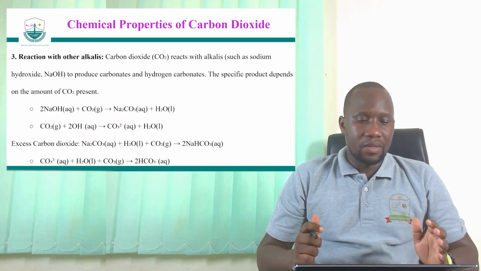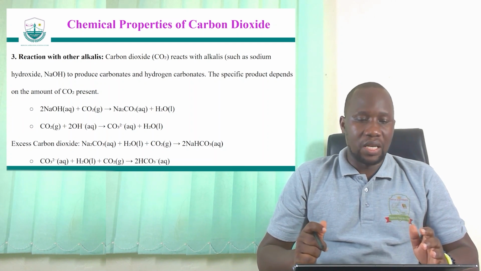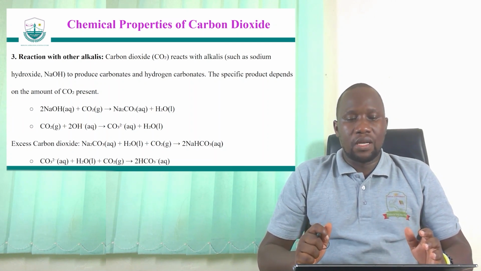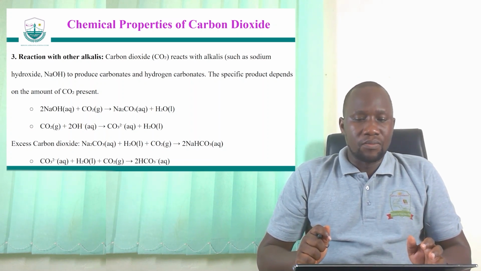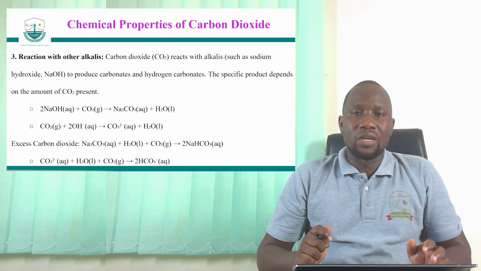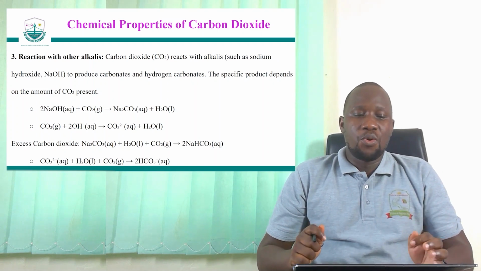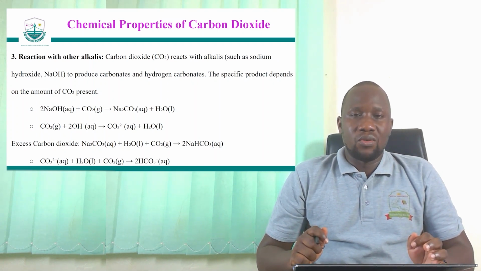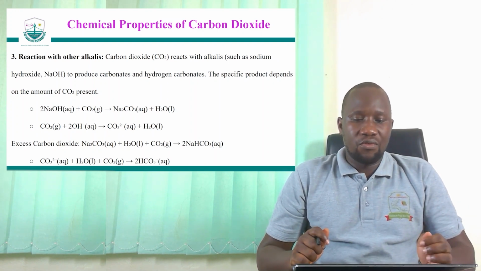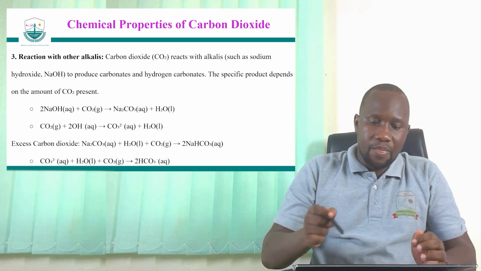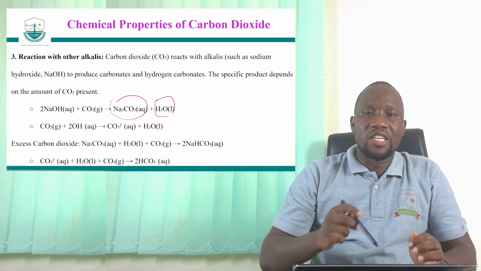When we pass carbon dioxide through an alkali such as sodium hydroxide, you produce carbonates and hydrogen carbonates, depending on the amount of carbon dioxide that you pass. Initially, you will first form sodium carbonate plus water. That's what you will have initially.